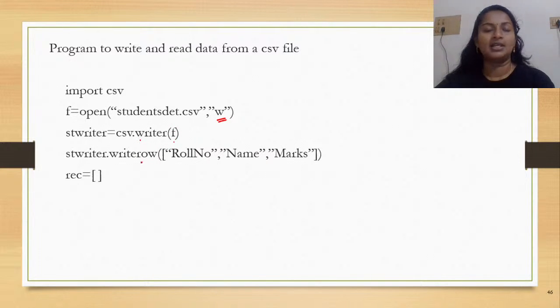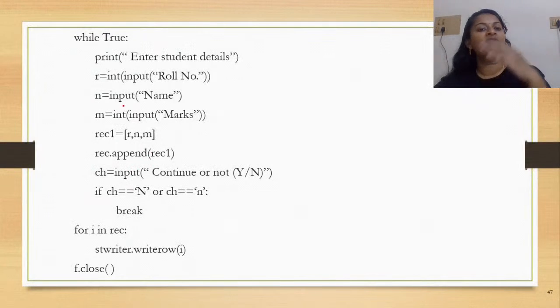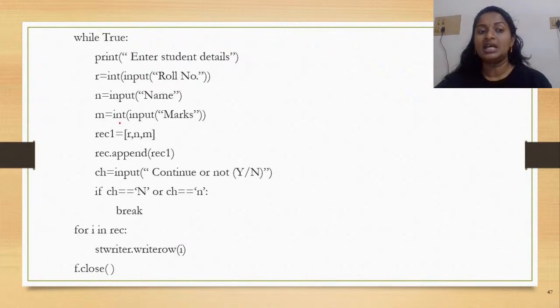Then we write the header. We create an empty list REC, followed by we prompt the student details from the user. Each time we create a record, it is stored as a list in REC1 and then appended to REC. Fine.